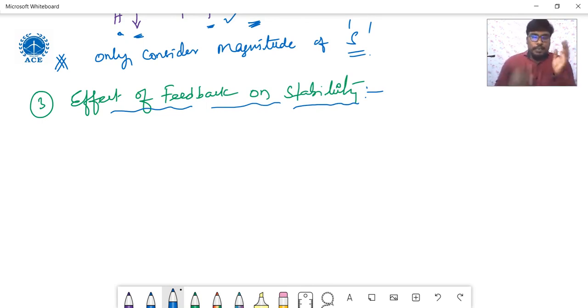Actually, stability is nothing but a notion that describes whether the system is able to follow the input command or not. When we have a desired, controlled output, then the system is said to be stable, otherwise unstable. Which means what? There must be a perfect communication between input and output, or the output must follow the input command. Whatever the input command is varying, the output must follow that. Then the system will be accurate. So the system is said to be stable, right?